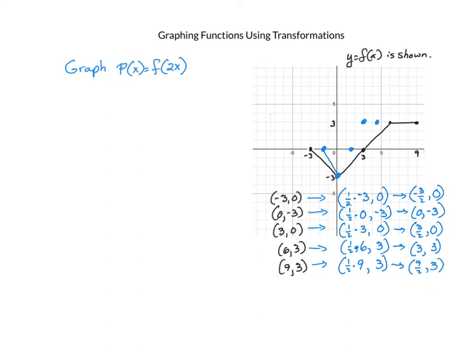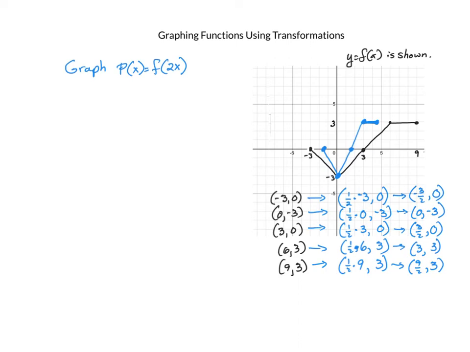And it looks like this. So notice we have the same shape, sort of, but it's been compressed or pushed toward the y-axis from both the left and the right with this factor of 1/2, or our multiplier, I'll say, of 1/2. And this one is done.